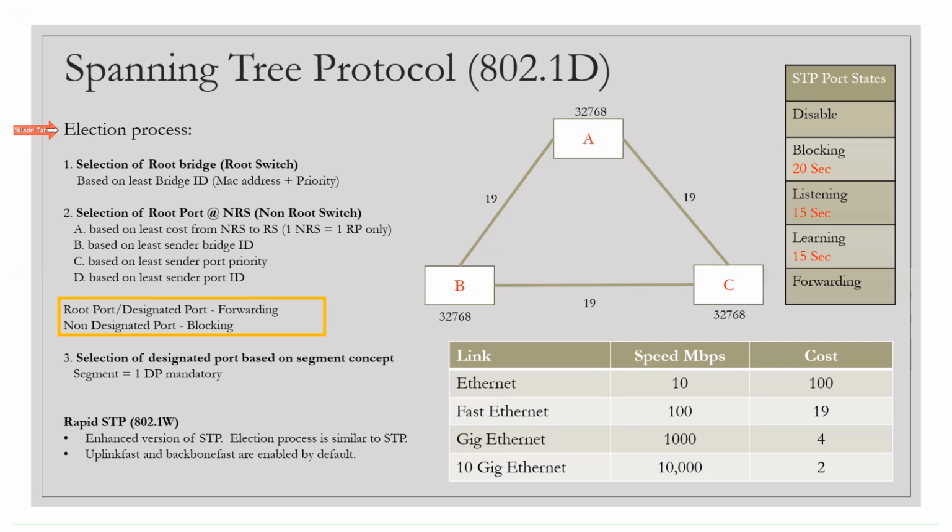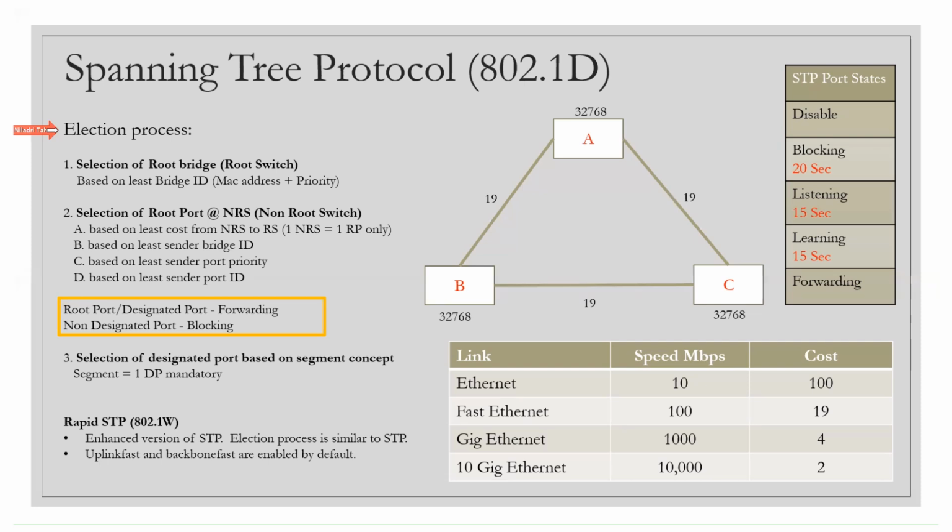One is called the root switch, and one is called the non-root switch. The root switch is the central switch, or if it's a team, then it's the captain, right? The root switch is the central switch through which the information will flow. One switch will be the root switch. The remaining switches will be the NRS, or the non-root switches.